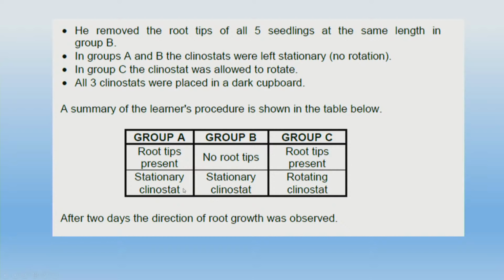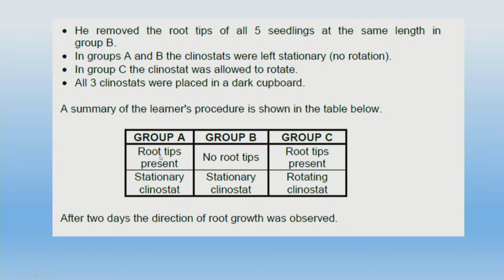And the clinostats were left stationary. The next question: which two groups were used to obtain information about the effect of gravity on root growth? That will be group A and group C. Why group A and C?